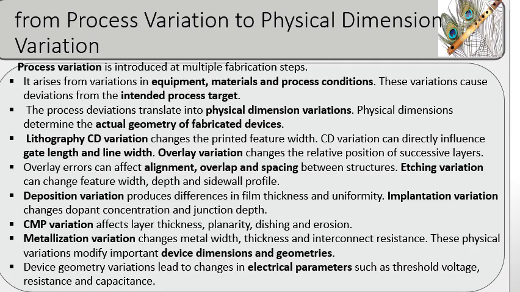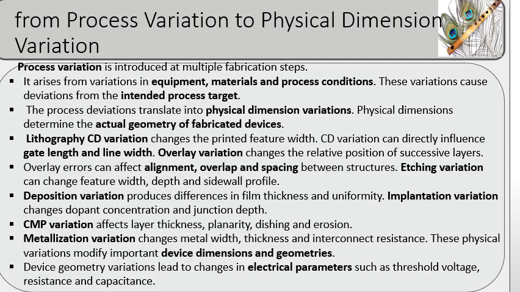In lithography, CD variation can change gate length and line width, while overlay variation affects the relative alignment and spacing between successive layers. Etching can change feature width, depth, and sidewall profile, while deposition affects film thickness and uniformity. Implantation variations influence dopant concentration and junction depth, and CMP can change layer thickness and planarity.